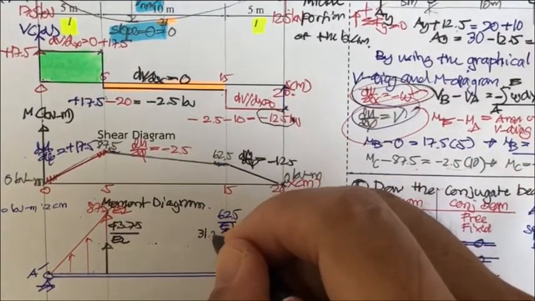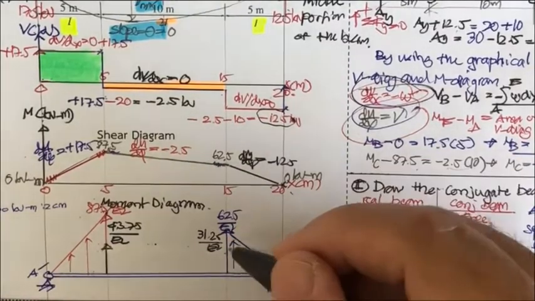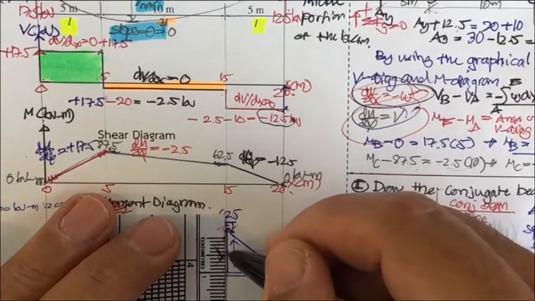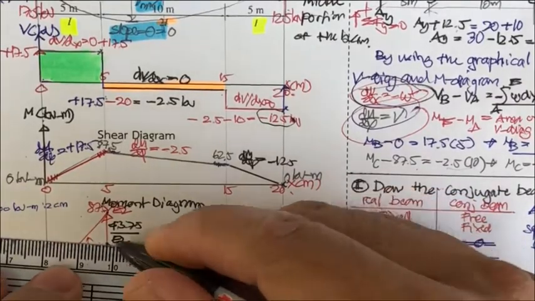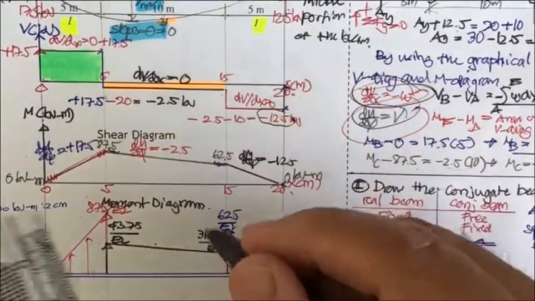This is 31.25 divided by EI. So it's supposed to be here.